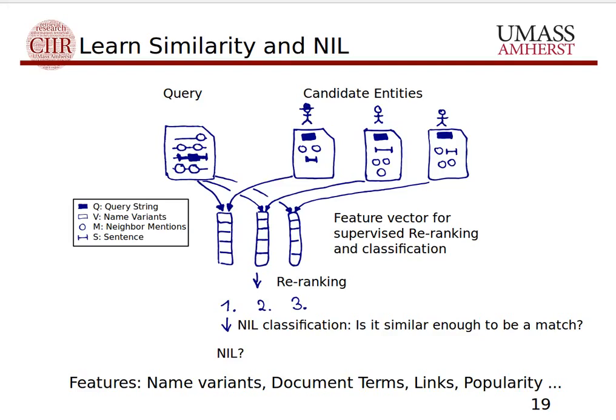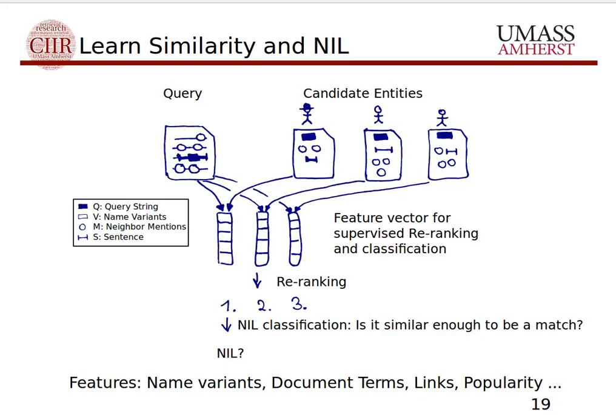And then during the prediction case, where we have a new query mention that we haven't seen before, we compute the feature vectors and apply the machine-learned similarity metric. This will give a new ranking among the candidate entities, for instance, on rank 1, 2, and 3.